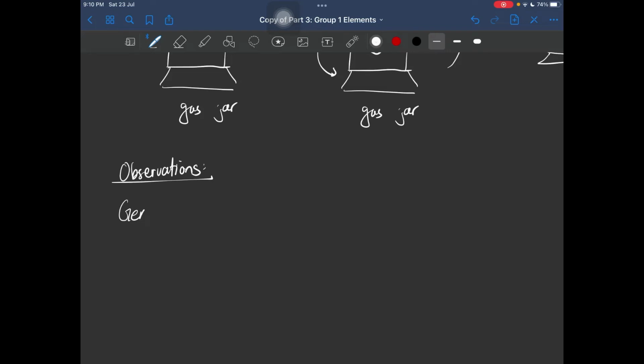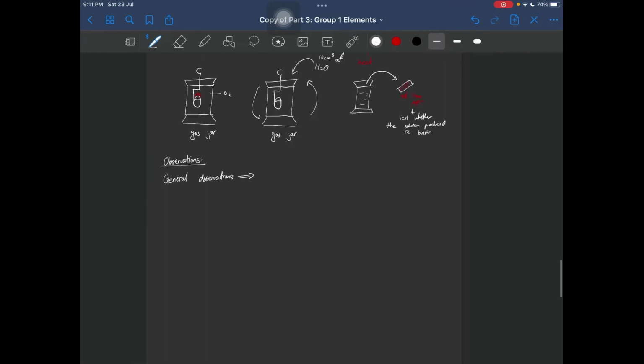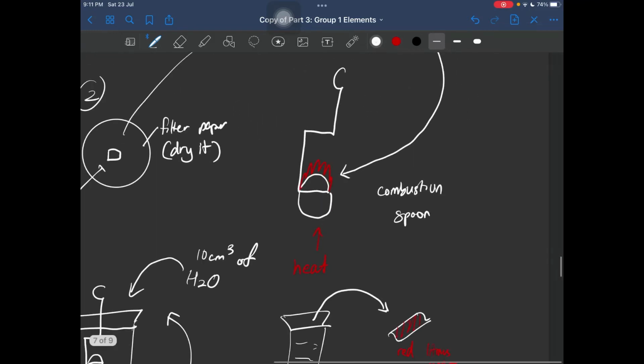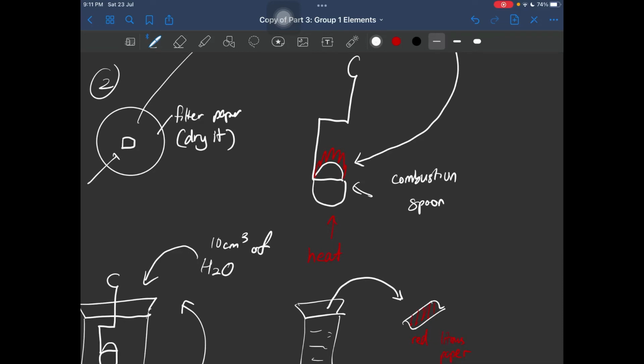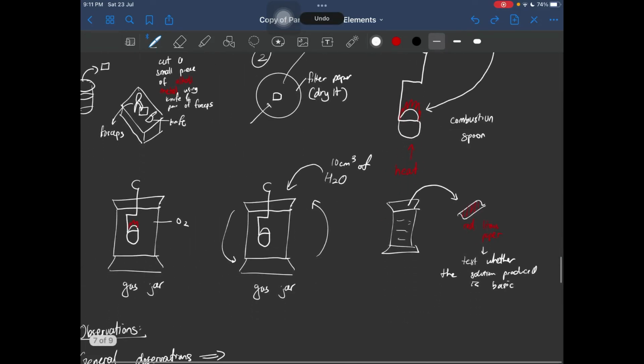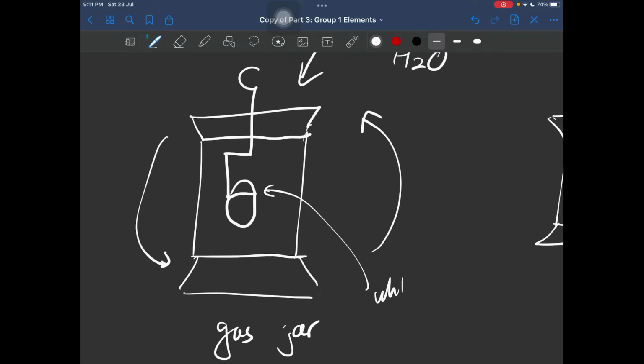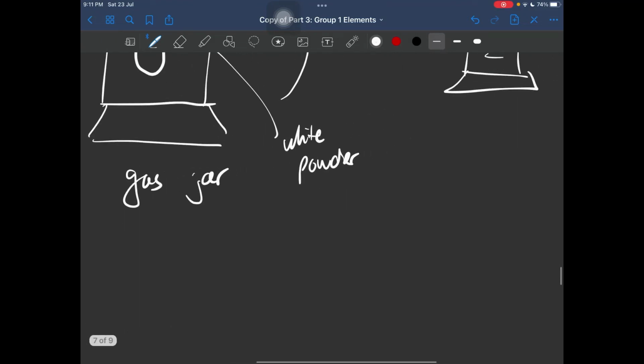Generally, no matter what type of alkali metal you use, when you burn the alkali metal in the combustion spoon, it will burn and produce a white powder, and this white powder is actually a metal oxide.